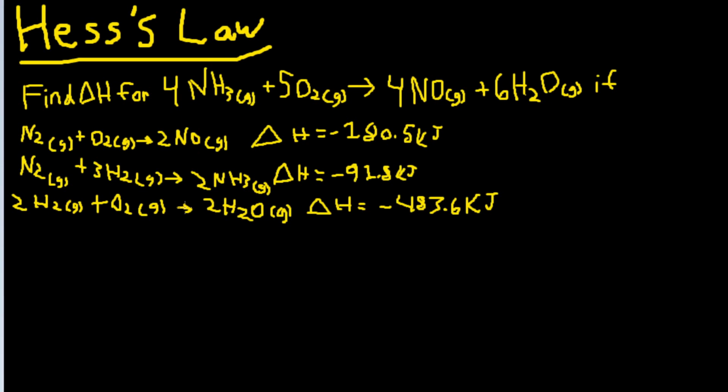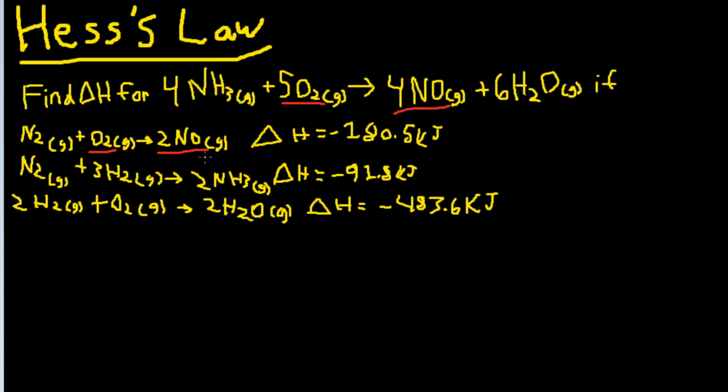Now the key for these problems is knowing how to balance these out. So we need to see what's produced here, what's produced here, what's consumed here, and what's consumed here. So here we can see that oxygen is on the reactant side, as it is in the problem that they want you to solve, and that nitric oxide is on the product side, as it is in the problem they give you.